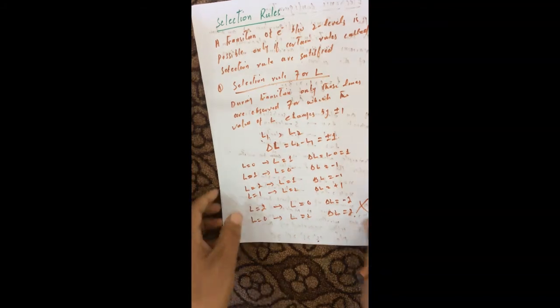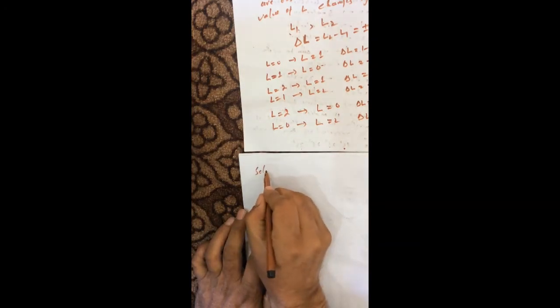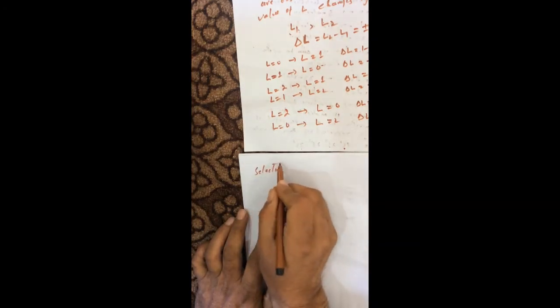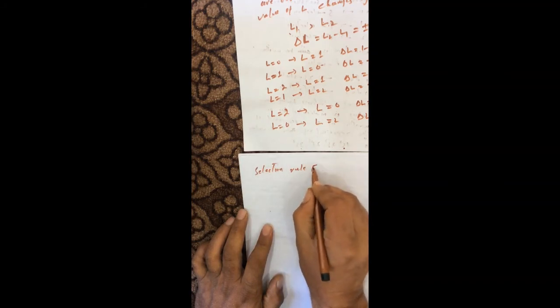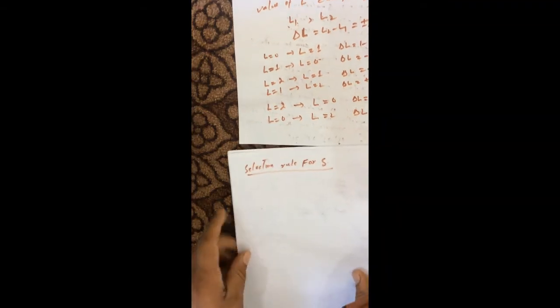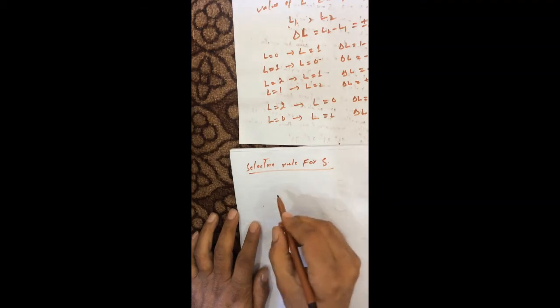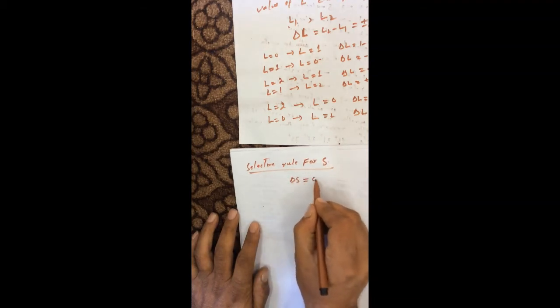Next we have the selection rule for spin angular momentum. The selection rule for spin is given by delta S must be equal to 0.